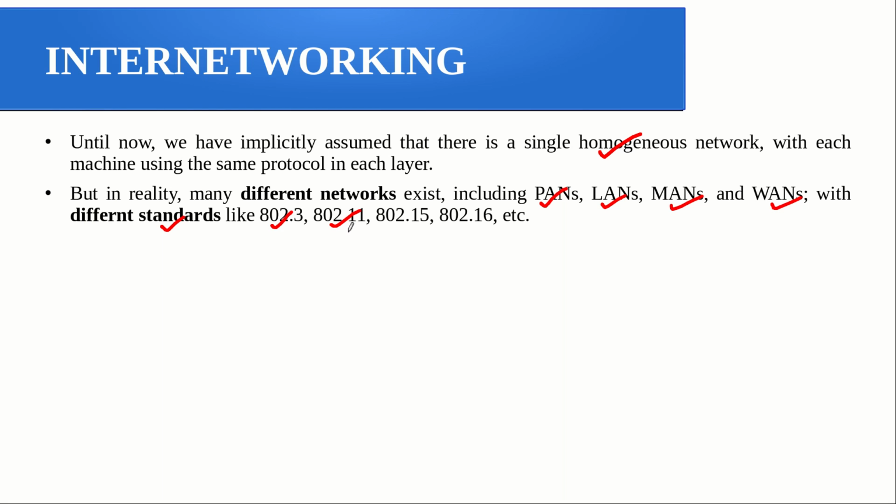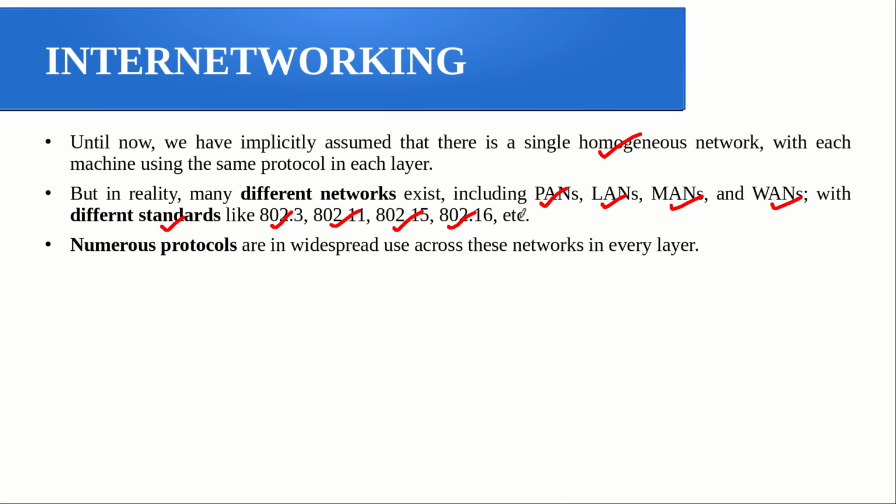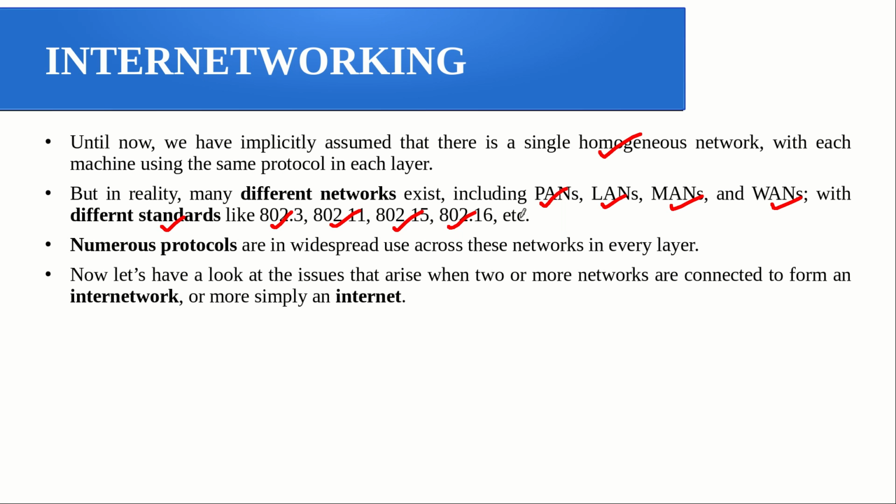Similarly we have the wireless local area network standard 802.11, the Wi-Fi, the personal area network Bluetooth 802.15, and WiMAX 802.16, the wireless metropolitan area network. So many different standards as well as numerous protocols exist, in widespread use across the network in every layer.